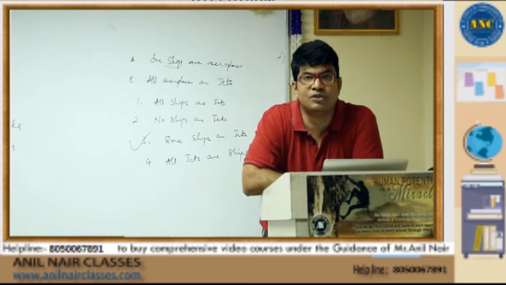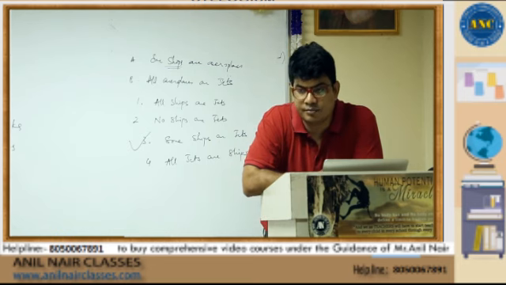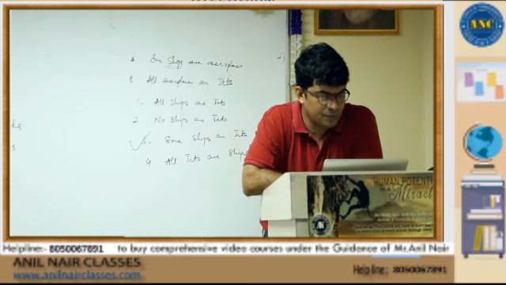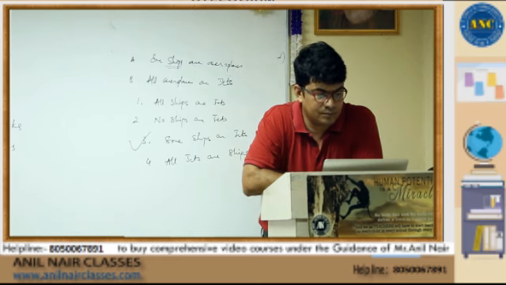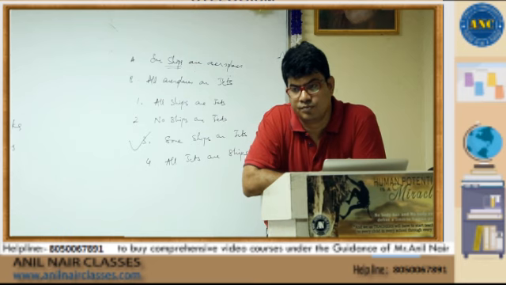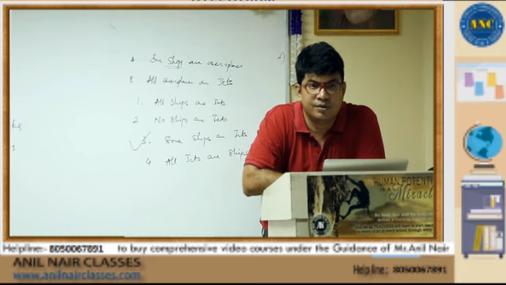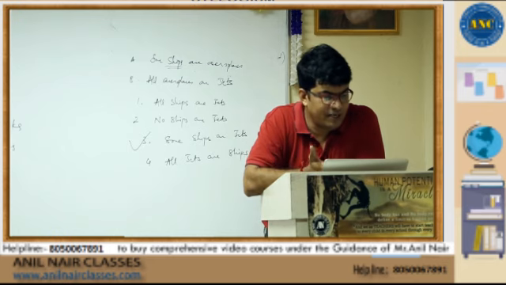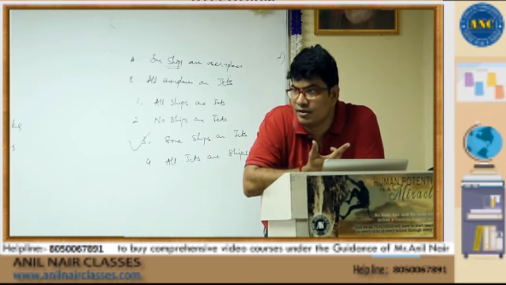One should be affirmative, another should be negative. A few examples. All A's are B's, some A's are not B's. If you look at all A's are B's, that is an affirmative. Some A's are not B's is negative, and that fits the bill, right?